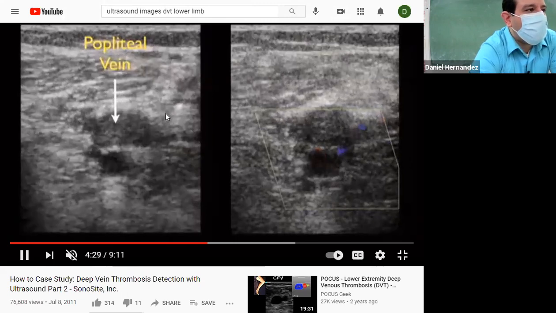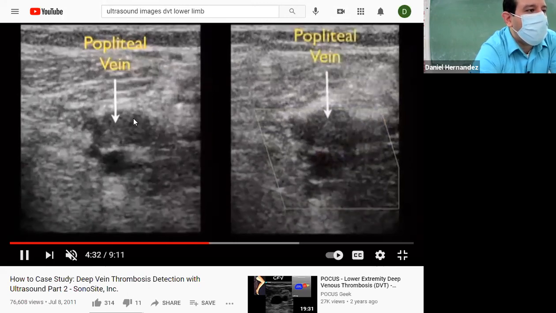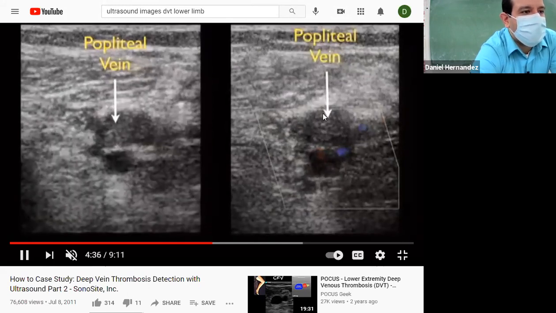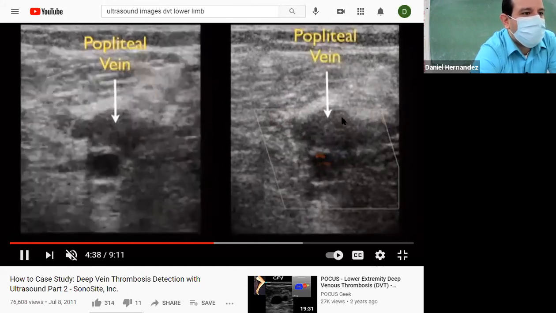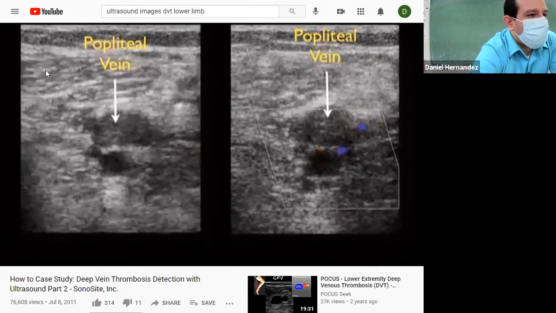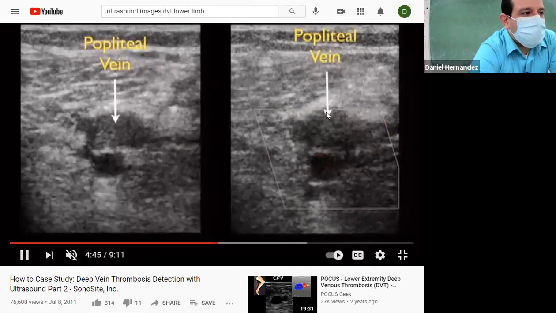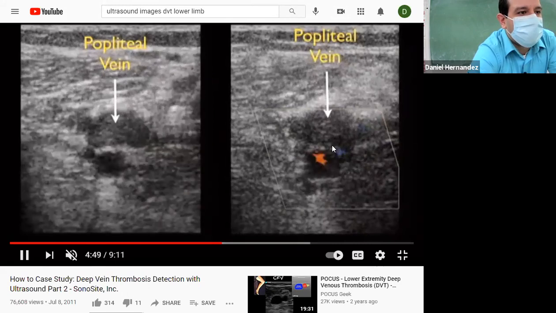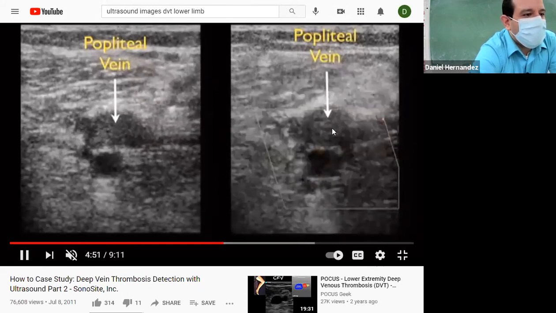And this is a picture of popliteal vein. Again, doing your compression, you can see it's not compressible, and you can visualize the thrombus within it, this spongy texture. And the darker it is, the more acute it's going to be. So this might have been a couple days old where you're starting to get a little bit of whites.